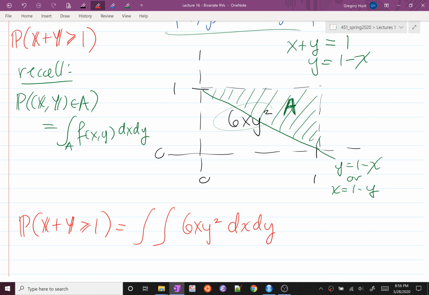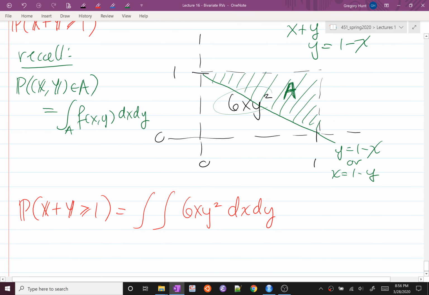So all we need to do is figure out the bounds and then do some calculus.